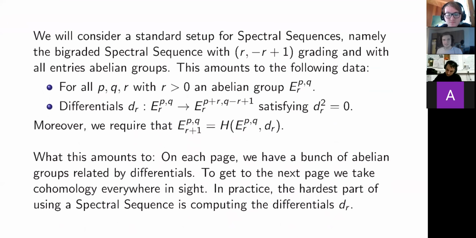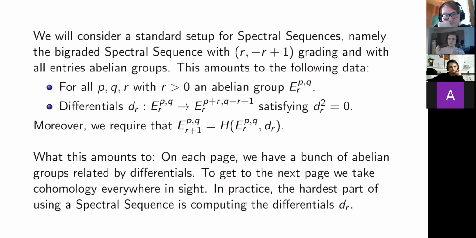Okay, spectral sequences. This is the data of a basic spectral sequence, all written very concisely. The idea is as follows. You have pages, which we call E_r, so E_1, E_2, E_3, etc. And on these pages, you have this sort of integer grid where for each p and q, you have an abelian group or some object in an abelian category.